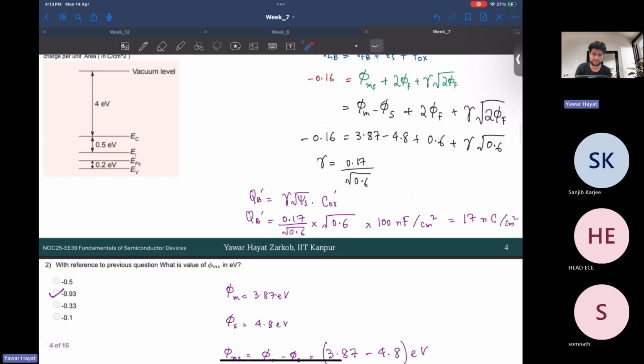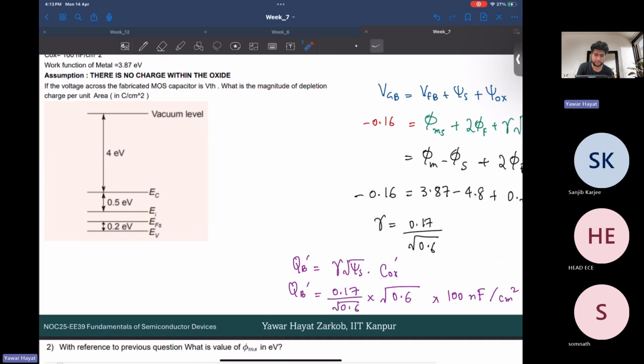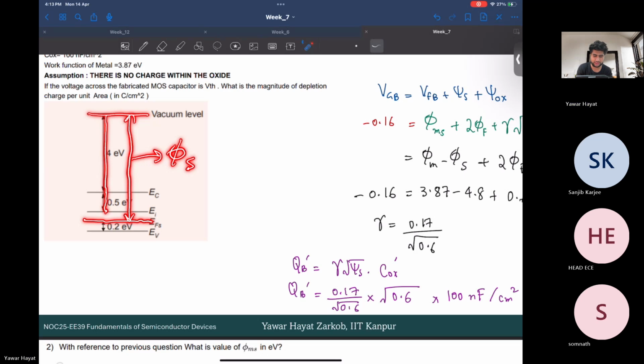What is phi s? We need to take this difference from vacuum all the way till this curve, and this is your phi s. Here it's 4, then 4.5. If this is 0.2, this has to be 0.3. So it's 4.8.